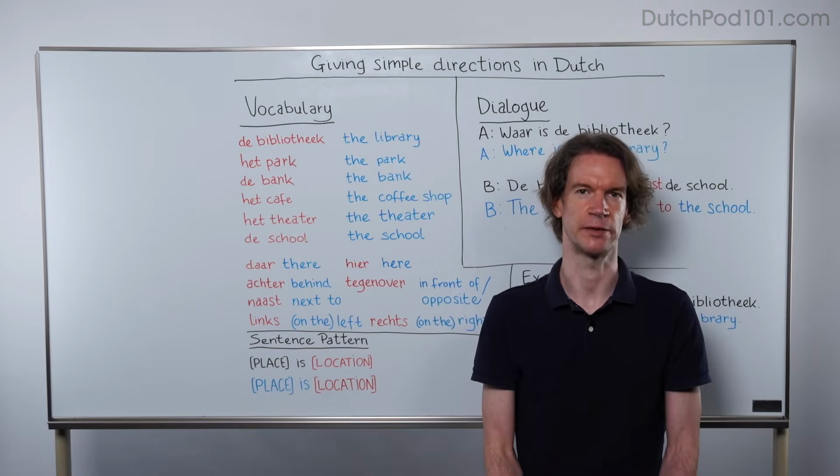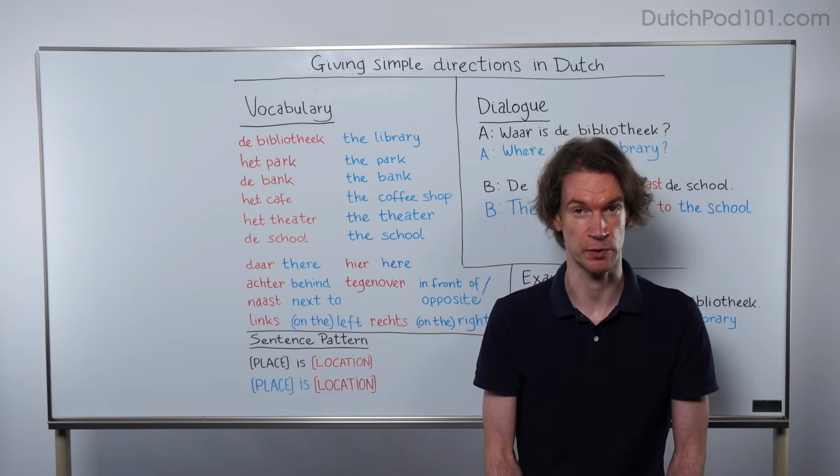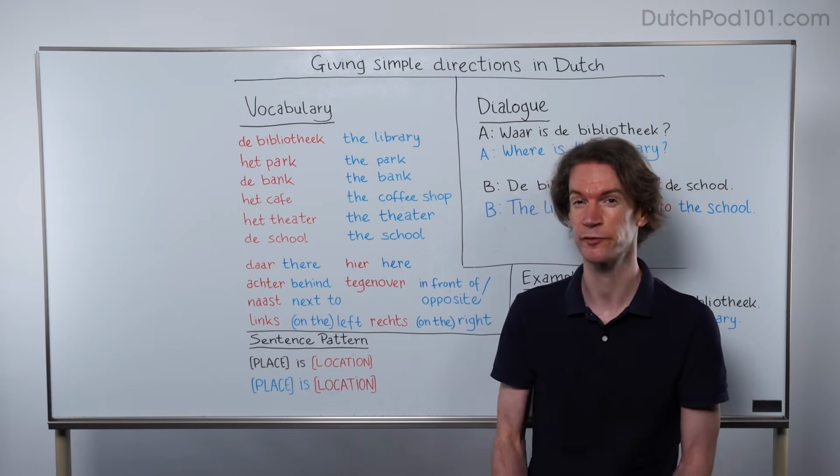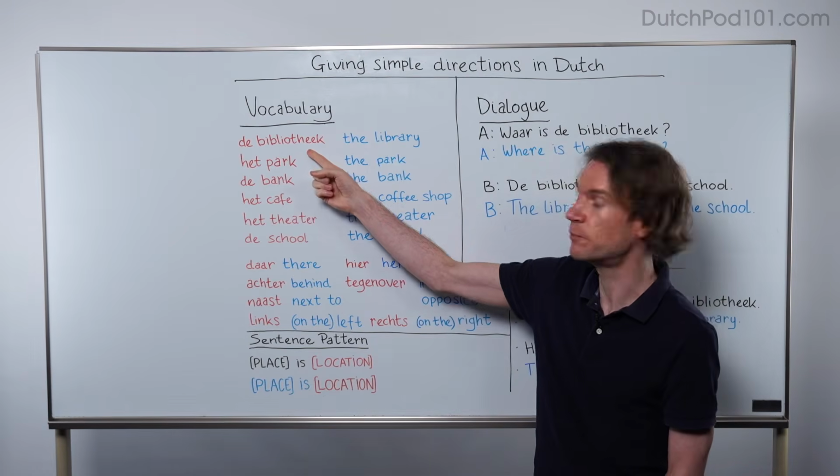Let's look at the vocabulary. You'll notice that many words closely resemble their English counterparts. First we have one that's slightly different. The library. De bibliotheek.